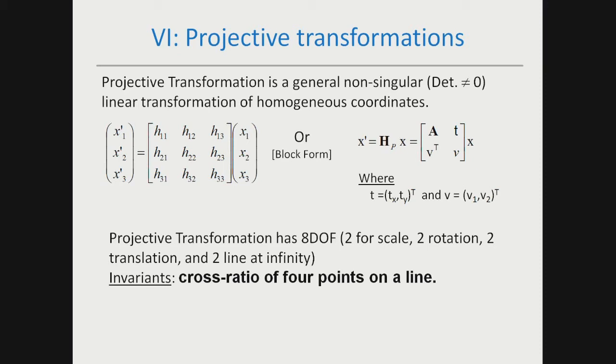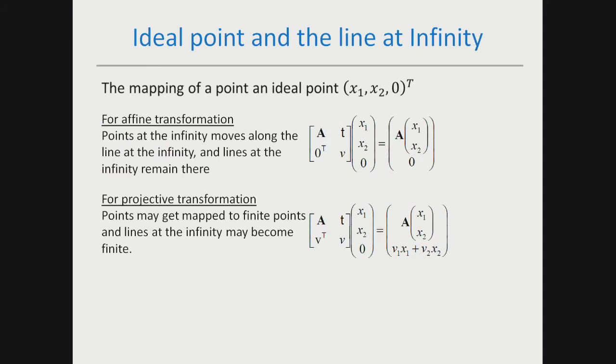Now, before I go to the cross ratio and define it, let us look at the things we talked about in the projective domain. We talked about the point at infinity. What was the point at infinity? We gave it a very precise definition: it is the point whose third component is 0.